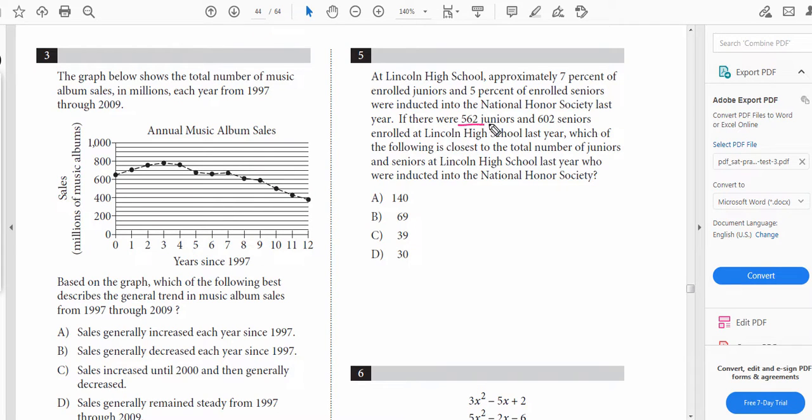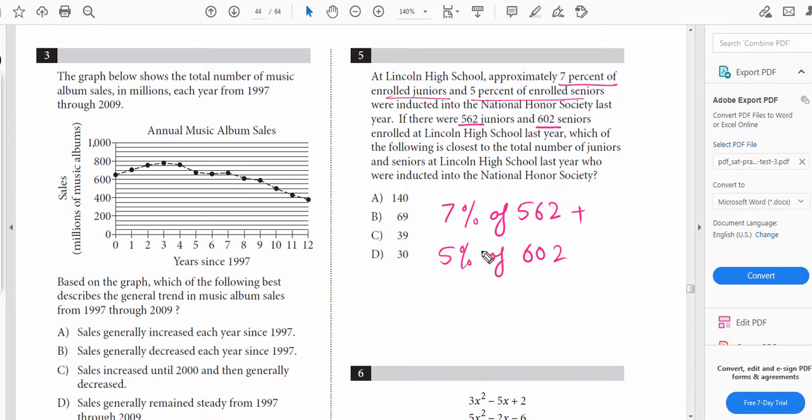So we have total number of juniors 562 and the total number of seniors are 602. So 7% of juniors and 5% of seniors. So we'll just add them up and we will see what's the answer. So 7% of juniors, that will be 7% of 562 plus 5% of seniors, so it's like 5% of 602.